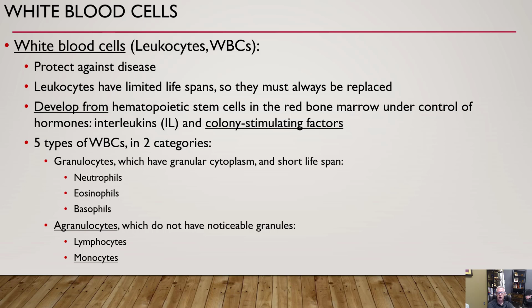So like granulocyte colony stimulating factor, or macrophage colony stimulating factor. And we have the 5 types of white blood cells. Remember, never let monkeys eat bananas. And we can divide the 5 types of white blood cells into how they appear and how their cytoplasm appears. Do they have granules or not?